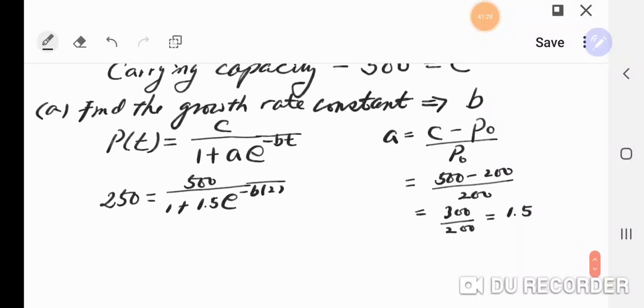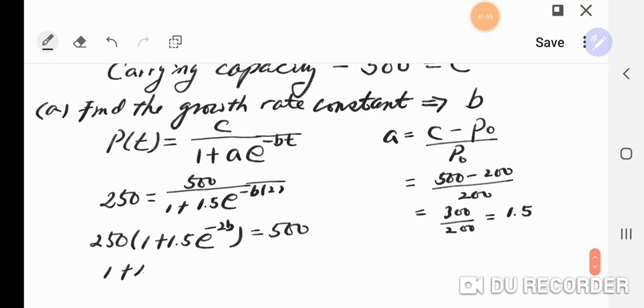First of all, we can cross multiply. So 250 times 1 plus 1.5 e to the negative 2b is equal to 500. Then we can divide each side by 250 so that we can separate this exponential form.